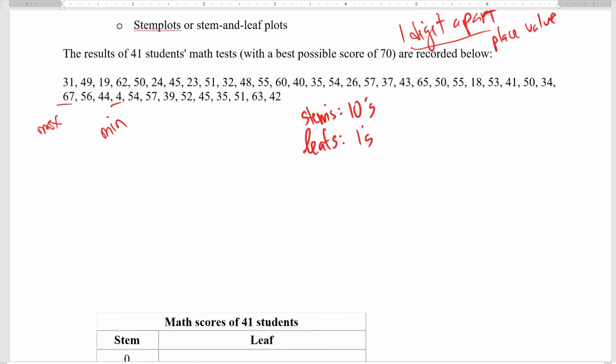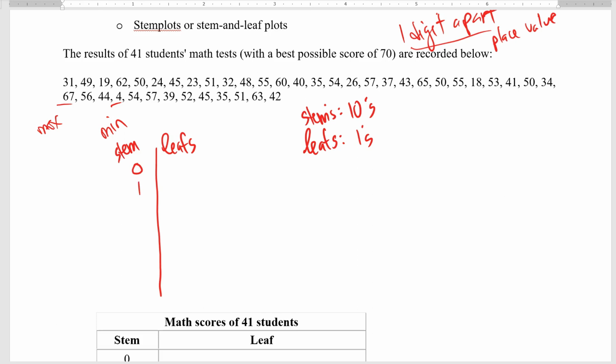And what we do is we separate this, and they kind of cheat down here below, so just follow along with me because you need to make these by hand anyway. We are going to put our stems on the left and our leaves on the right. If we're going from tens, the lowest number we have is 4, which would have 0 tens.